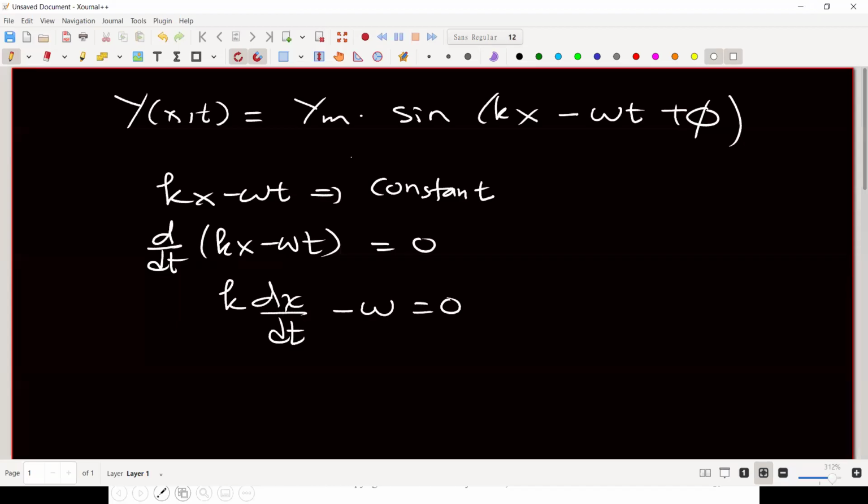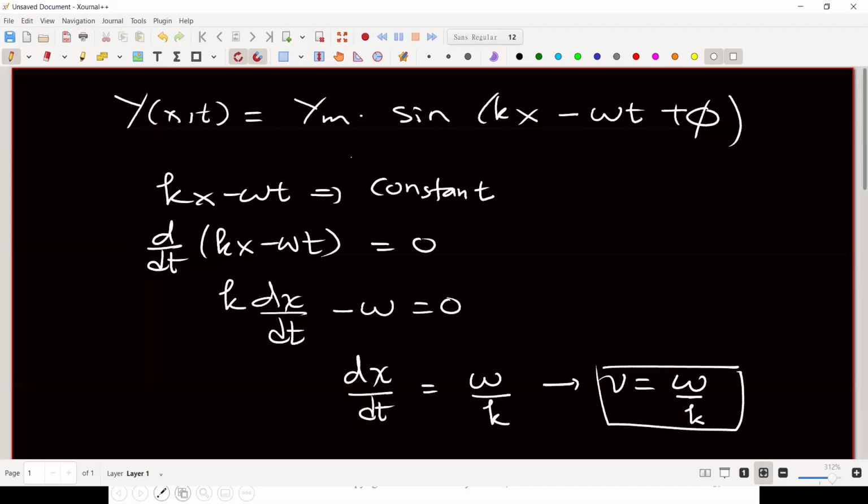And so we get dx/dt is omega per k. dx/dt is velocity. So we know the speed of the wave is omega divided by k. This one is the speed of the wave.